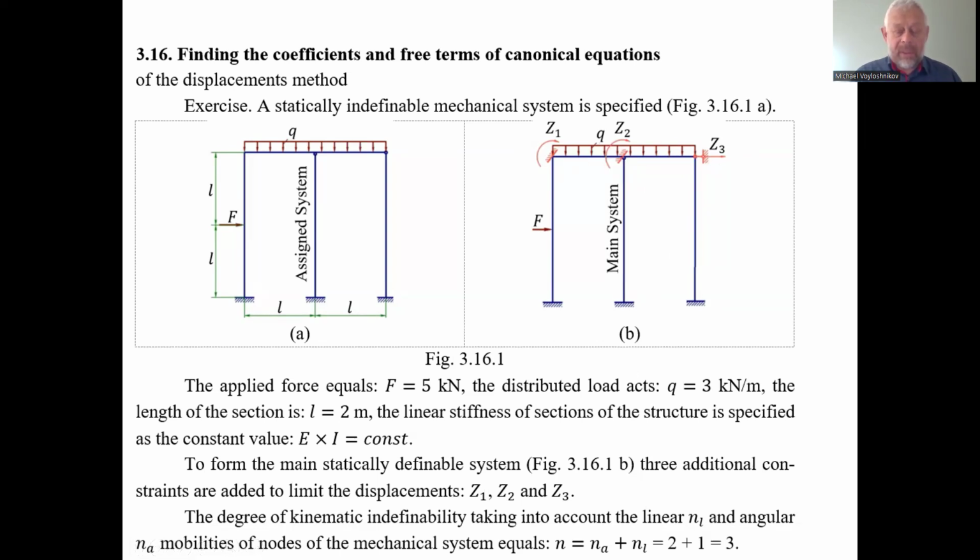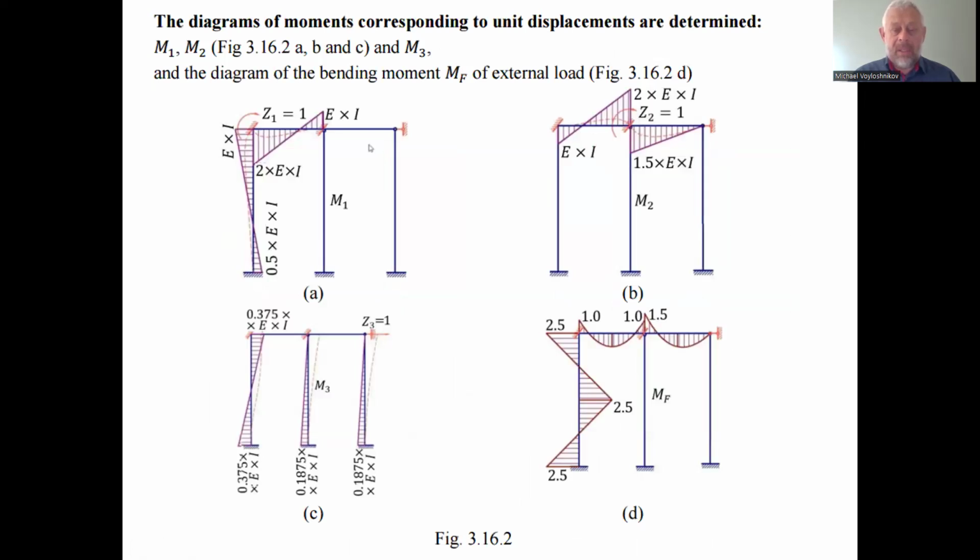After that, we have to find the diagram of the bending moments. Finally, we have to determine the factors in the summands of the canonical equations of the displacement method. We will obey the assumptions of the displacement method. The assumptions are that the angle of rotation of nodes of 2 connected elements of the mechanical system in the rigid nodes rotates by the same angle.